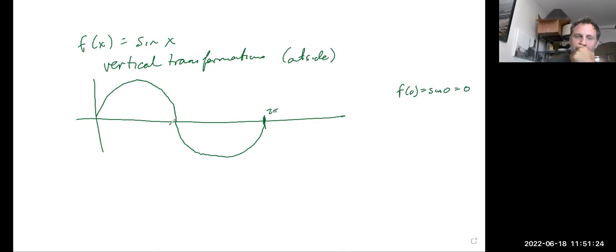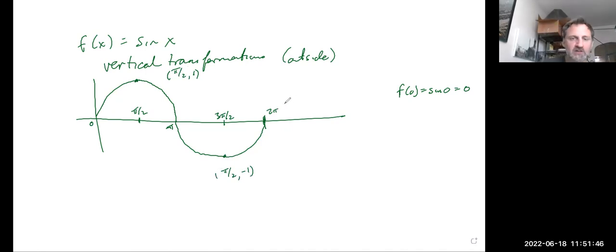This is pi halves. This is 3 pi halves. This is a maximum happening at pi halves as an input, 1 as an output, minimum happening at 3 pi halves as an input, -1 as an output.